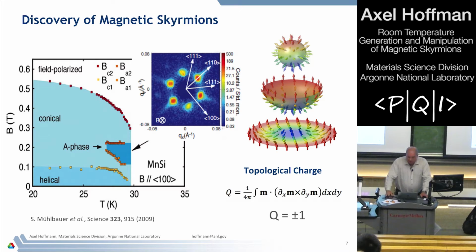In 2008, this group did some small angle neutron scattering on these materials in this A phase. They didn't mount the crystal the wrong way, but the field orientations were not the way they should be.